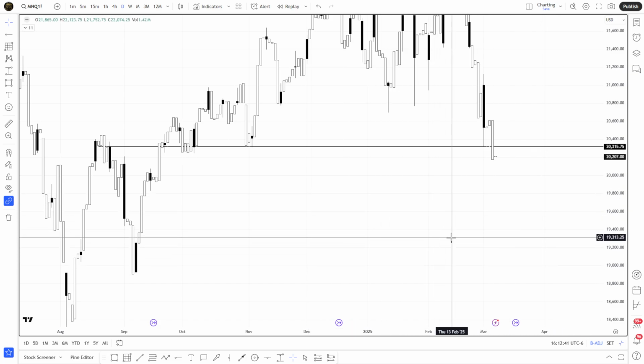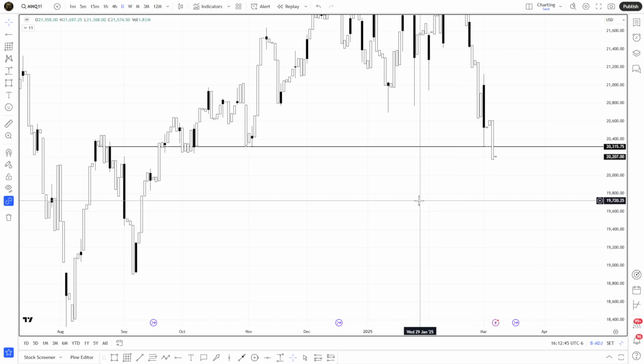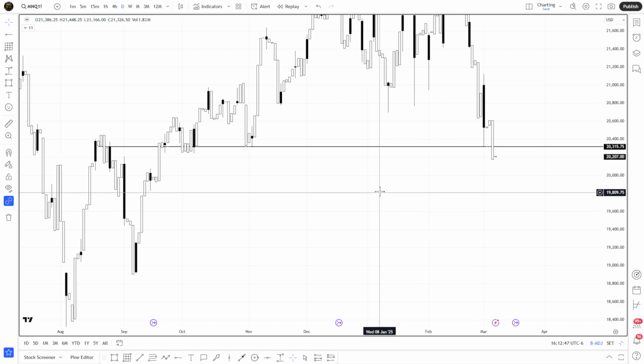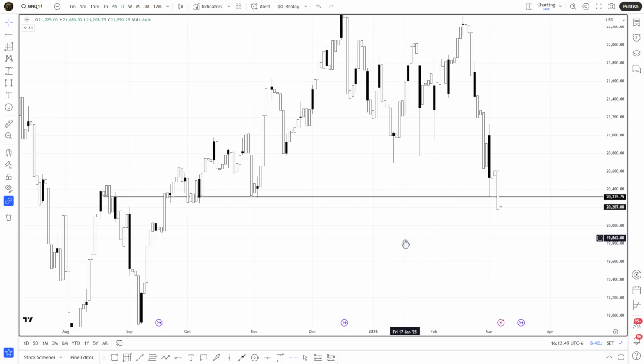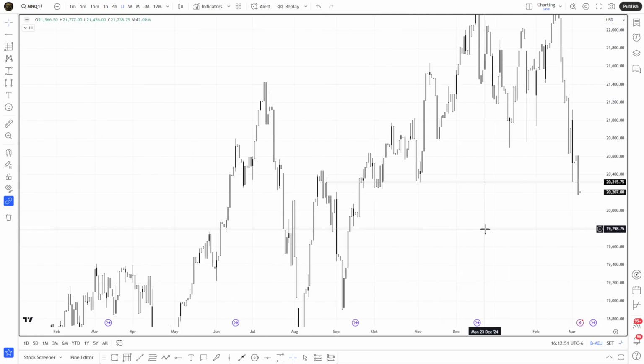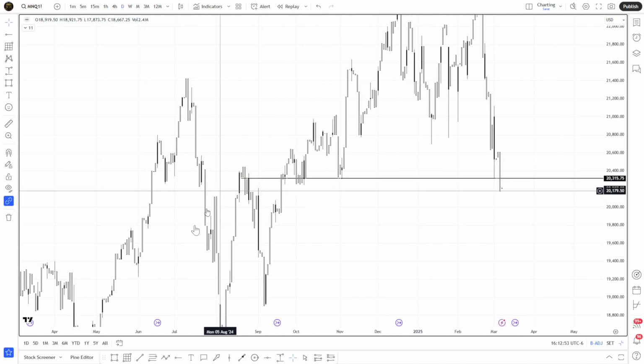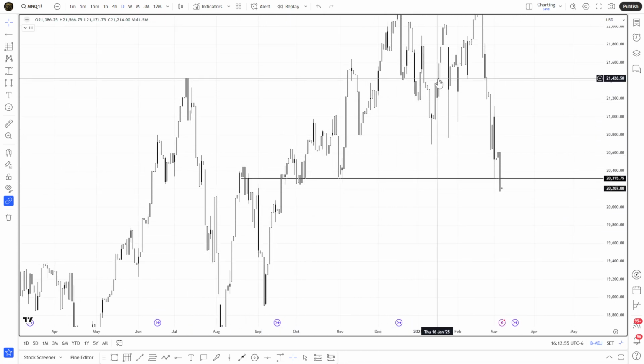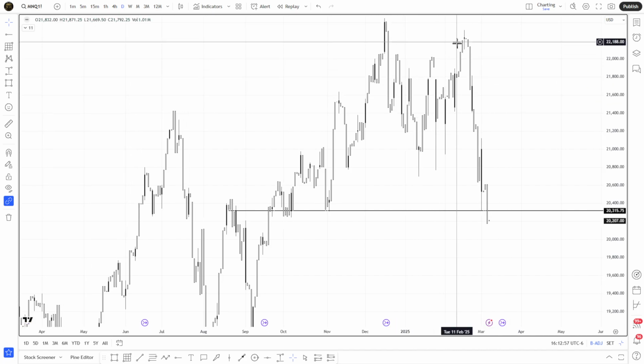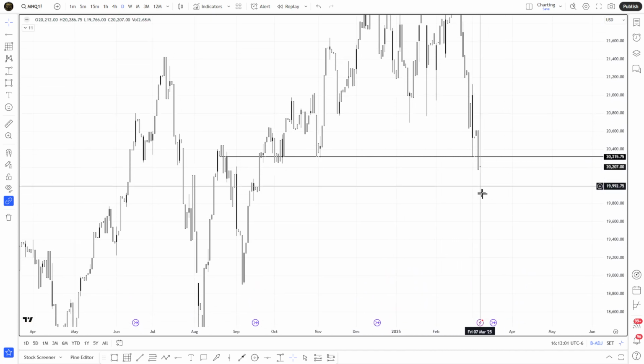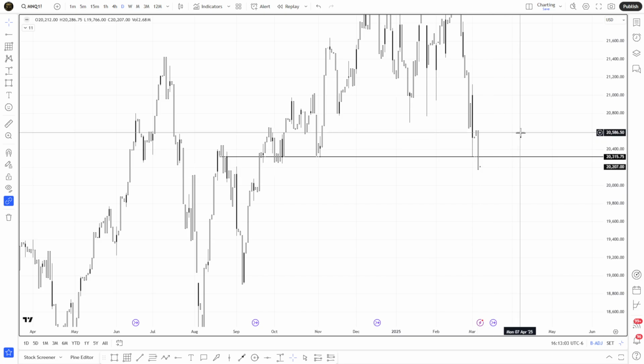So looking at Monday, again, how I choose to determine what levels I'm going to plot is, one, I'm looking back at market structure. Okay, so we have this massive run up, kind of consolidated, rebalanced, and now we're driving out of this order block and we're continuing to see lower repricing.